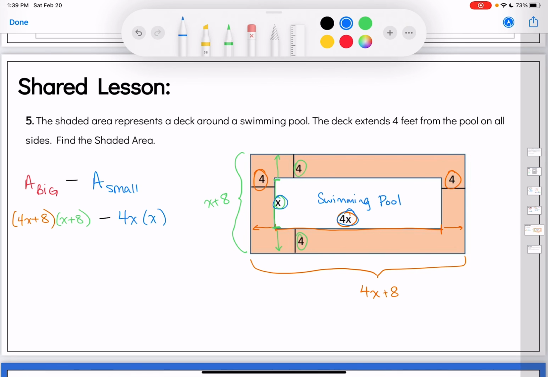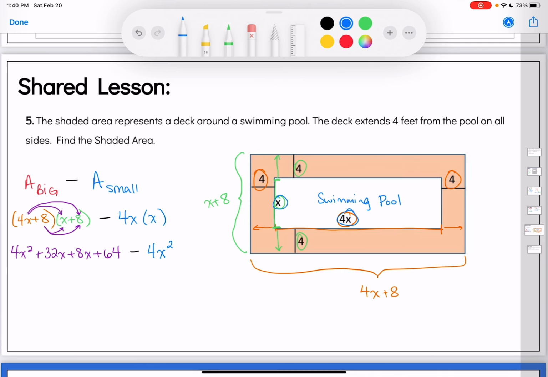All right, let's see. 4x plus 8 times x plus 8. Well, that's FOIL. First would give me 4x squared. Outsides would give me 32x. Insides would give me 8x. Lasts would give me 64. And then I need to subtract. Let's see, 4x times x is just 4x squared, right?